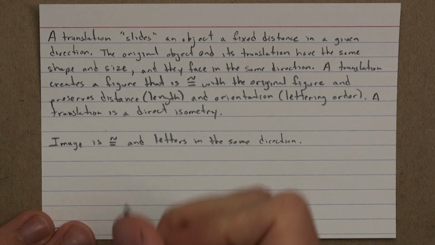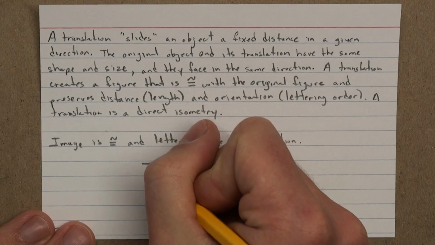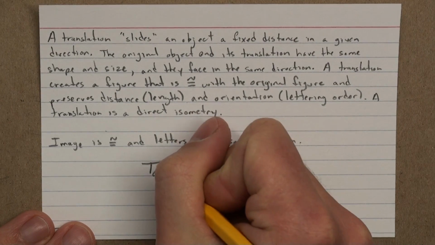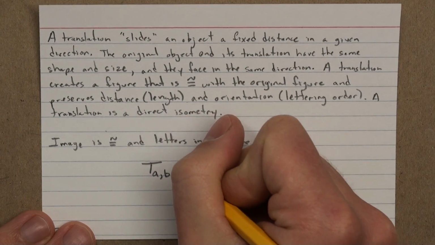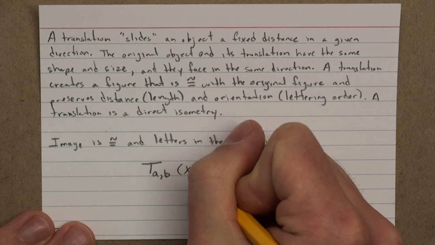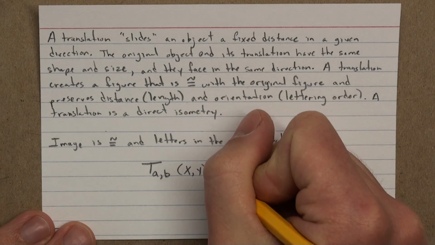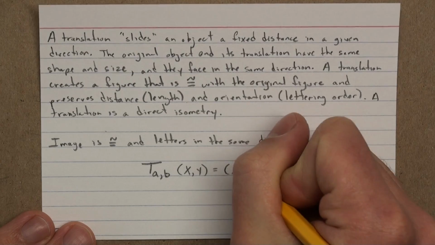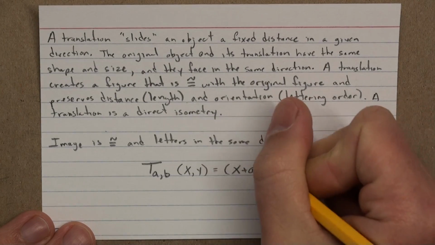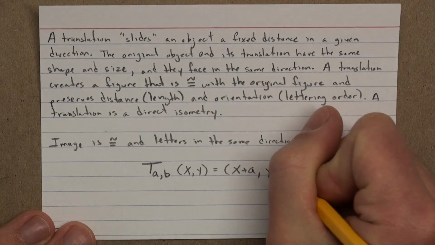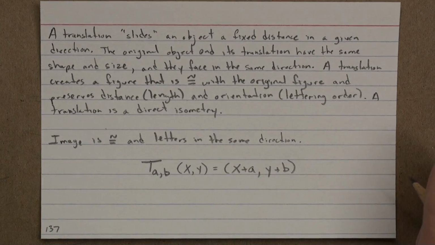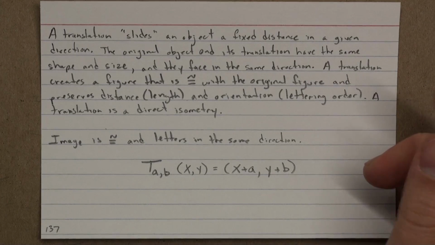And the notation would be translation of (a, b) of (x, y) equals (x plus a, y plus b). And we'll see an example of that later on.